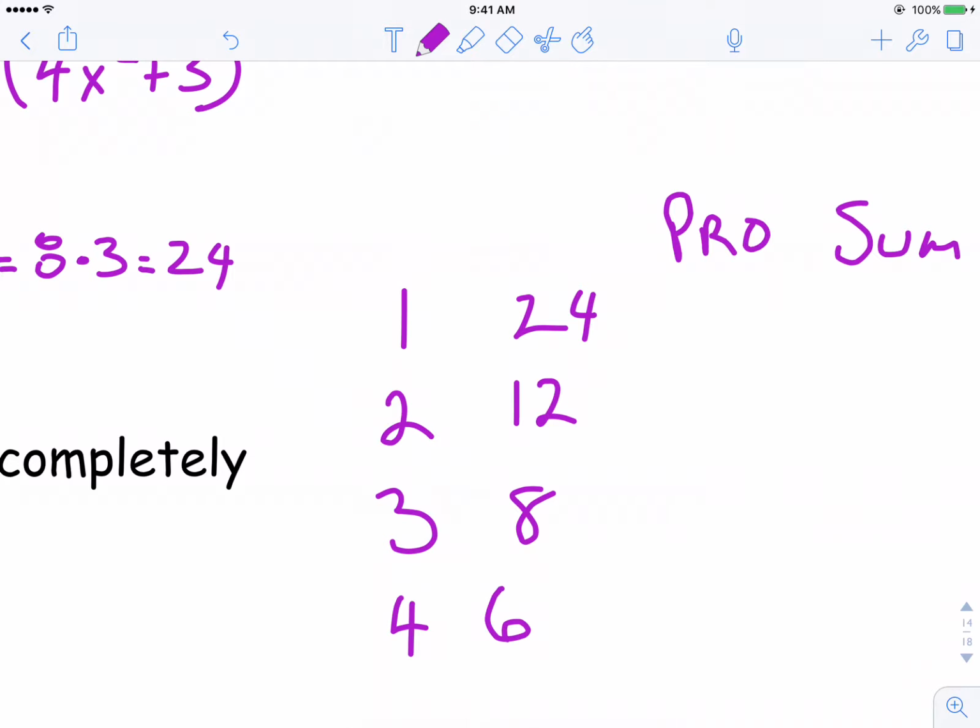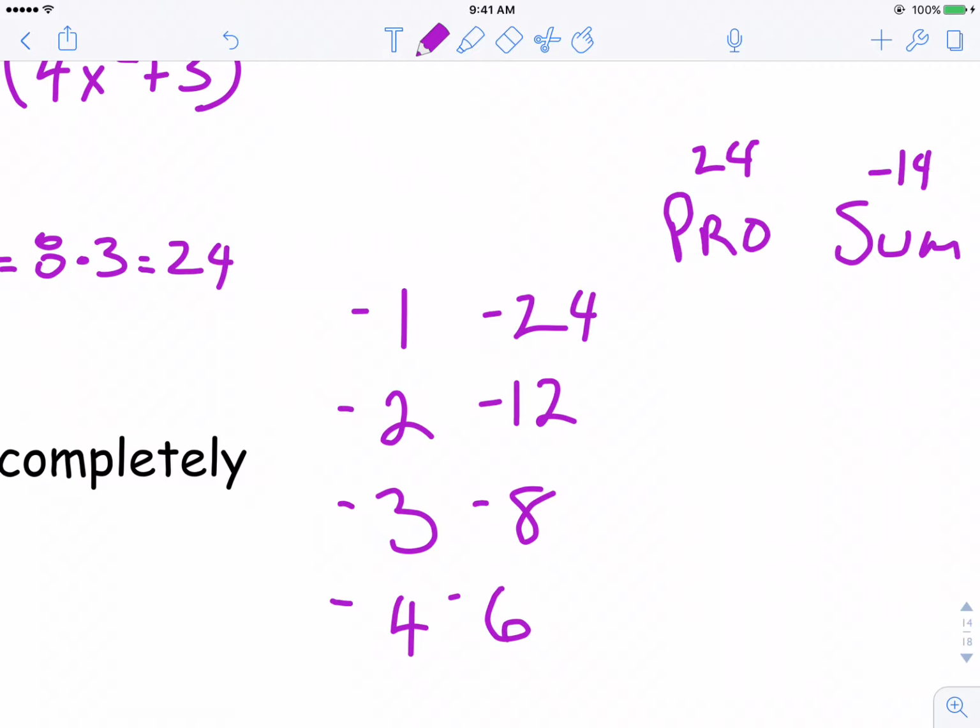My product has to be a positive 24, and my sum was a negative 14. So if my product is positive, they either both have to be positive or they both have to be negative. My sum is negative, so somewhere in there has to be a negative. So these all have to be negative values.